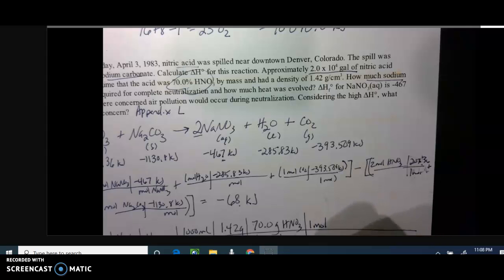So 1 mole is 63.02 grams, molar mass of nitric acid. And then I'm ready to use the stoichiometry from the balanced equation. There's 2 moles of HNO3 for every 1 mole of sodium carbonate. So that is going to give me, when you multiply and divide all that through, 6.0 times 10 to the 5th moles of sodium carbonate.